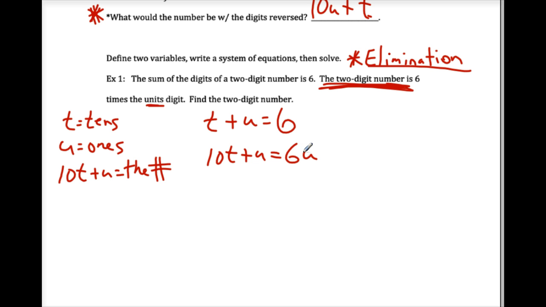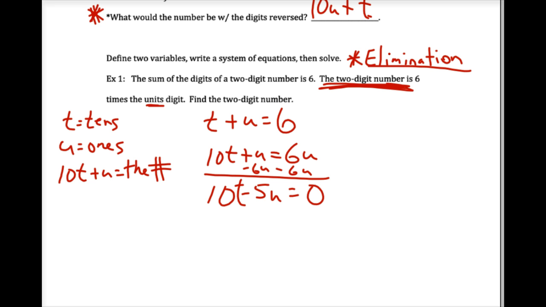This one is going to be elimination, except you have to put that second equation into standard form. Everybody subtract 6u's from both sides. 10t minus 5u equals 0. What would you multiply the top equation by to put it underneath the second equation so that something gets eliminated? 5.